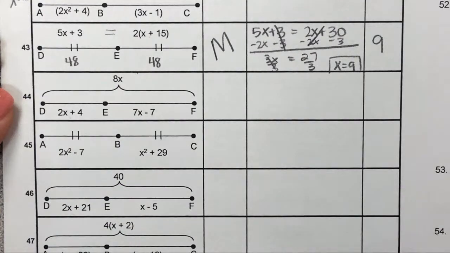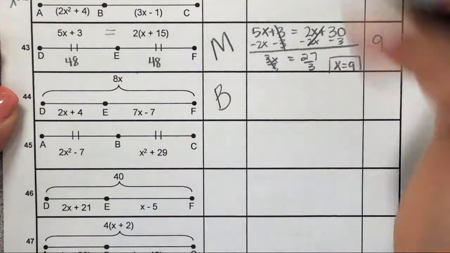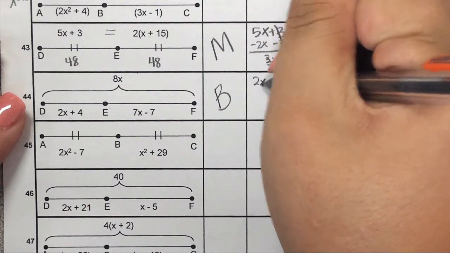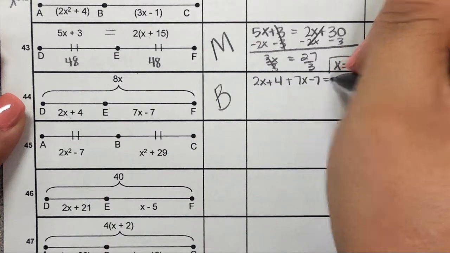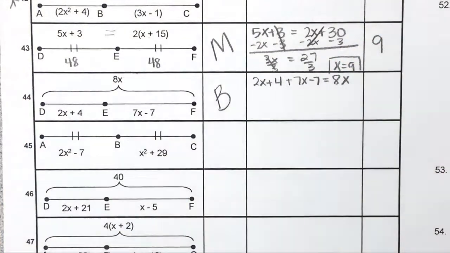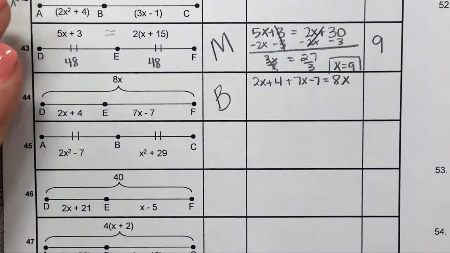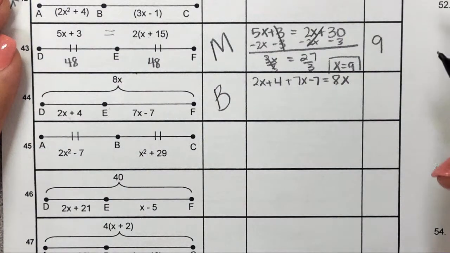Number 44, between this or midpoint? Between this, there's no little indicators. So I'm just going to add these together and make it equal the whole thing. 2x plus 4 plus 7x minus 7 equals my whole thing of 8x. How can I reduce this left side?